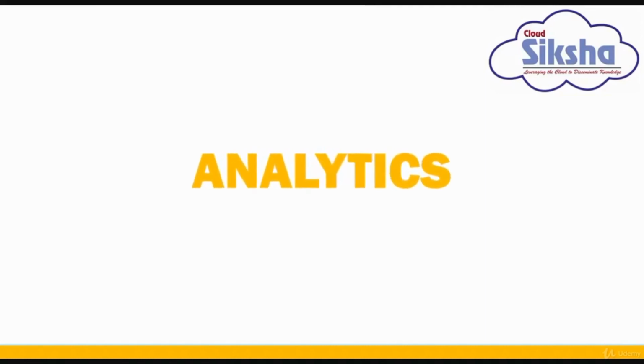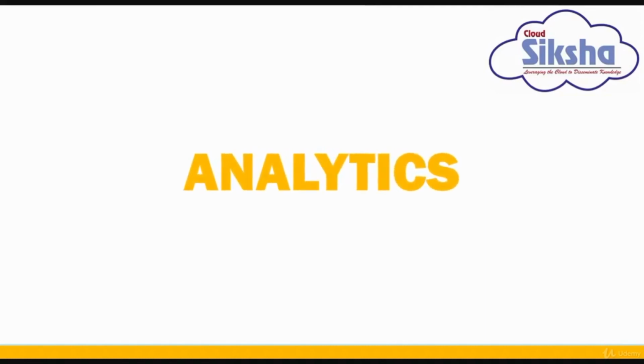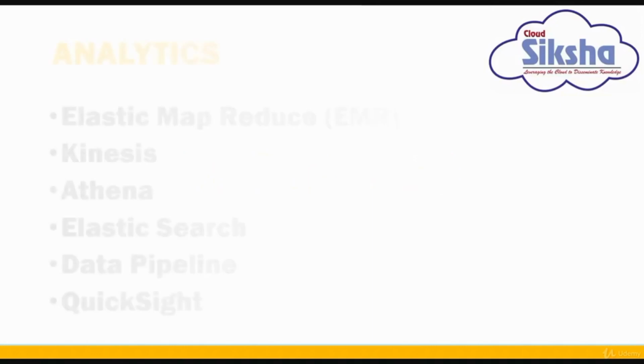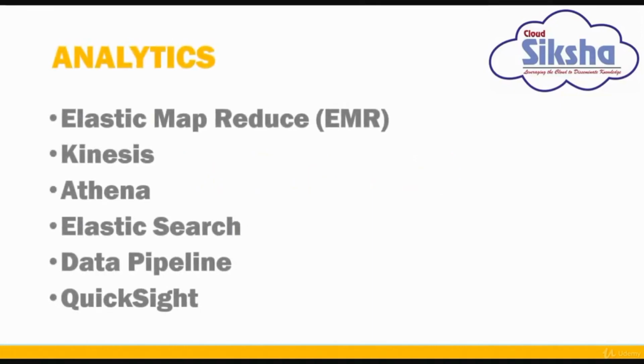Now we come to some specialty services, as I would call them. These are very specific services. Let's take up something like analytics, for example. In analytics, Amazon offers something known as EMR or Elastic MapReduce.